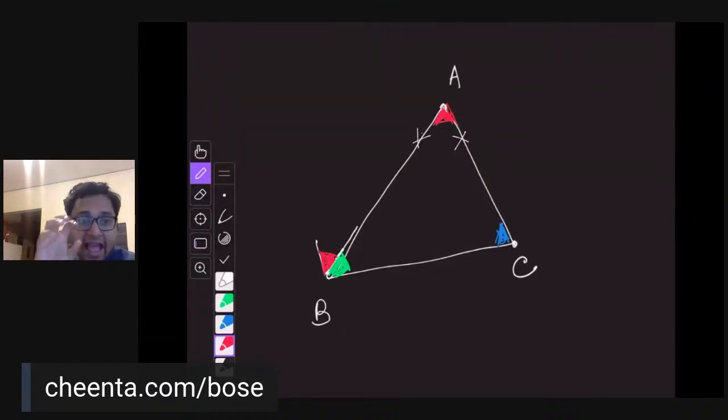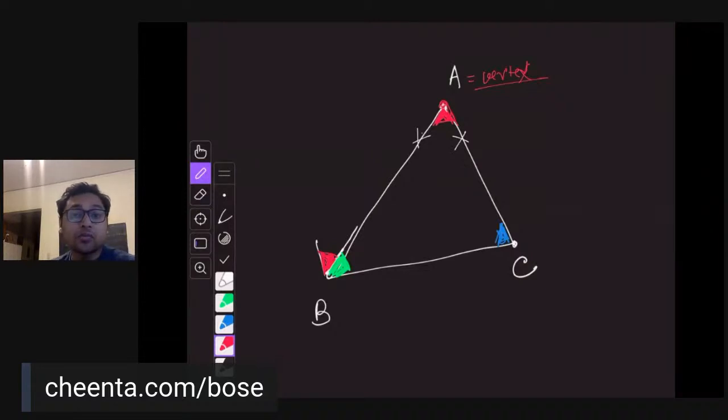You want to add the three angles, the green one, the red one, and the blue one. What you want to do is cut the red angle, and move it such that the vertex, so this point A is the vertex of the angle, matches the vertex of B. Okay.